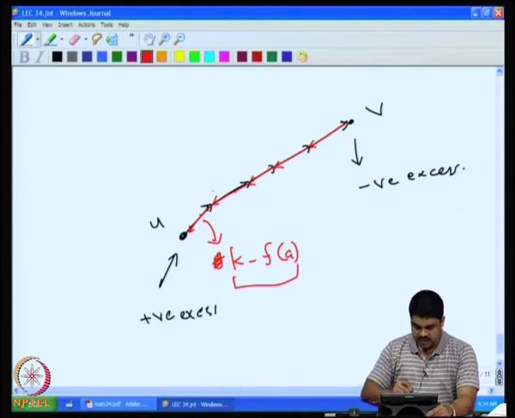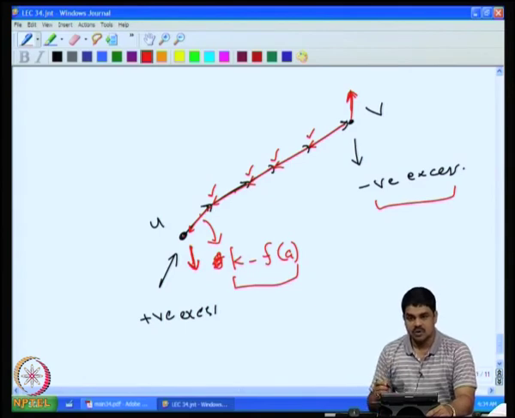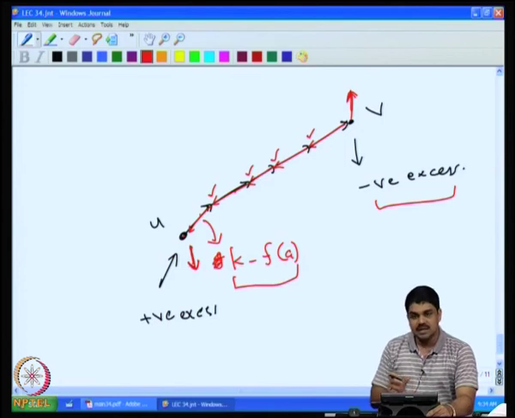Now, we can see that the excesses for all the intermediate vertices are not changing, while at u there is a decrease of k and at v an increase of k. Because v has a negative excess, the increase causes the absolute value to decrease.